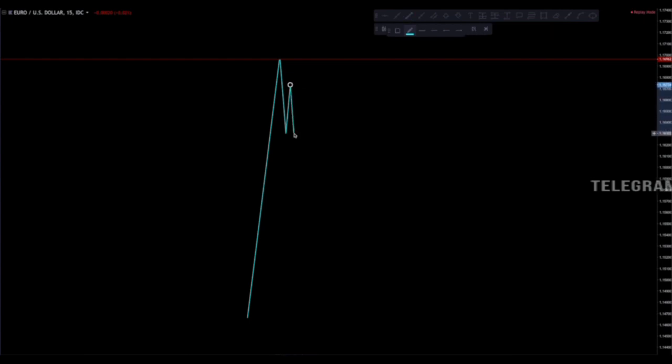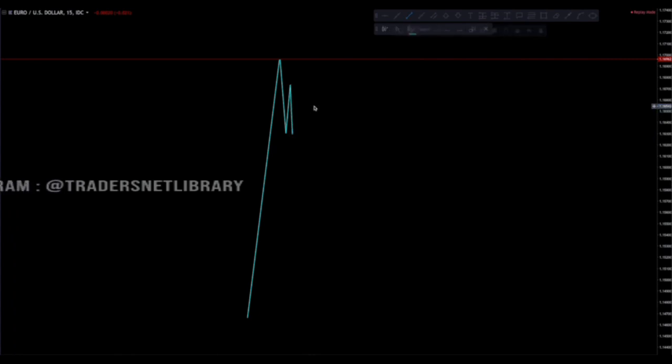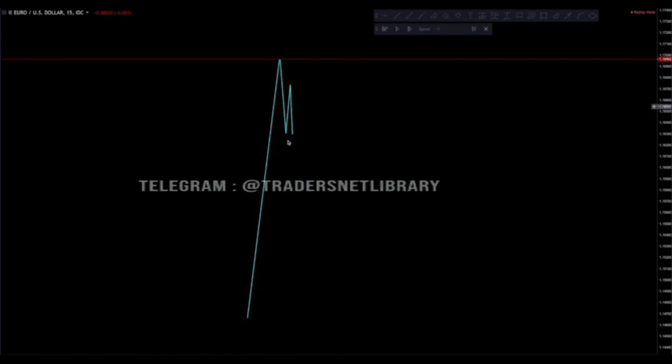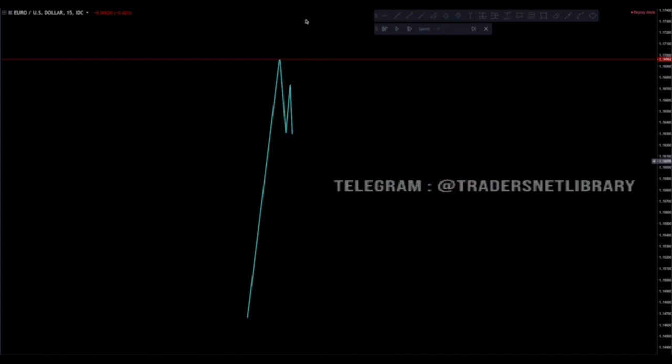It's not gonna go as high anymore, and we'll go back to the neckline. It's gonna be very close to each other. It's not gonna be some massive big M which is visible and anybody can see it, because it's manipulation. So they don't want you to see the patterns. They will just reverse and drop.